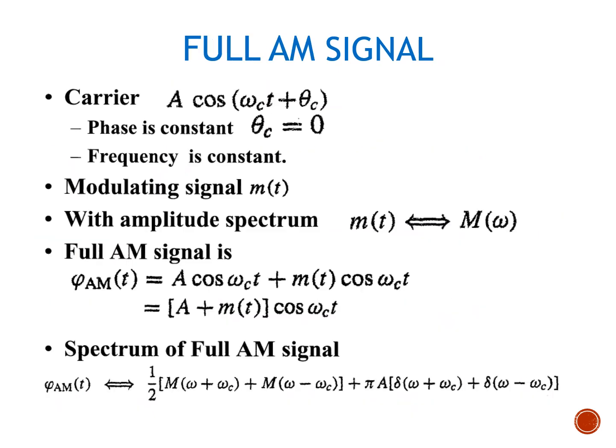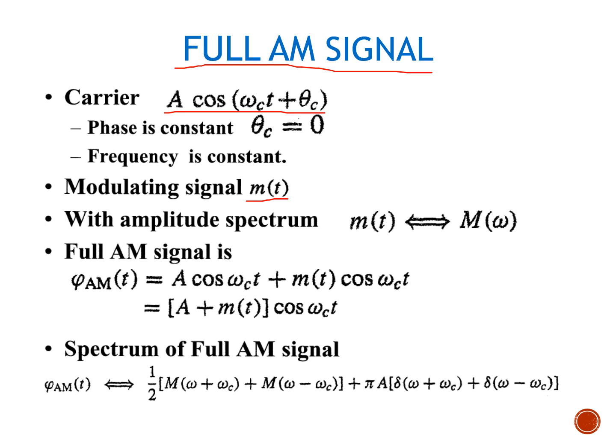Now another solution is to transmit the signal by using a full AM signal. So what is a full AM signal? What we have seen until now is that this is a carrier, this is the modulating signal. When we multiply these two, we get an AM with suppressed carrier.